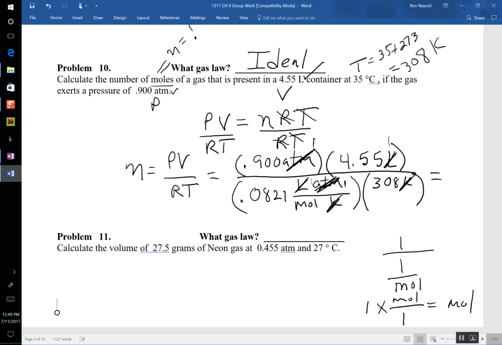So, now pick up your calculator. How many moles of gas? Can you see over top of this? How many moles?